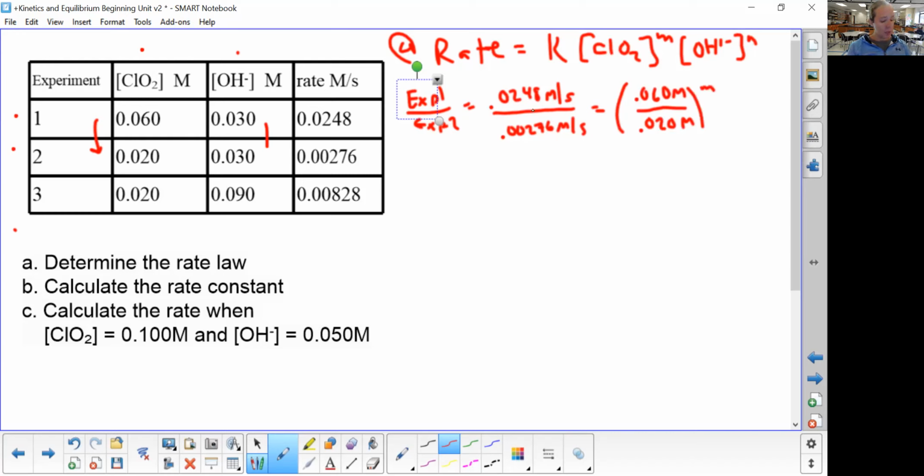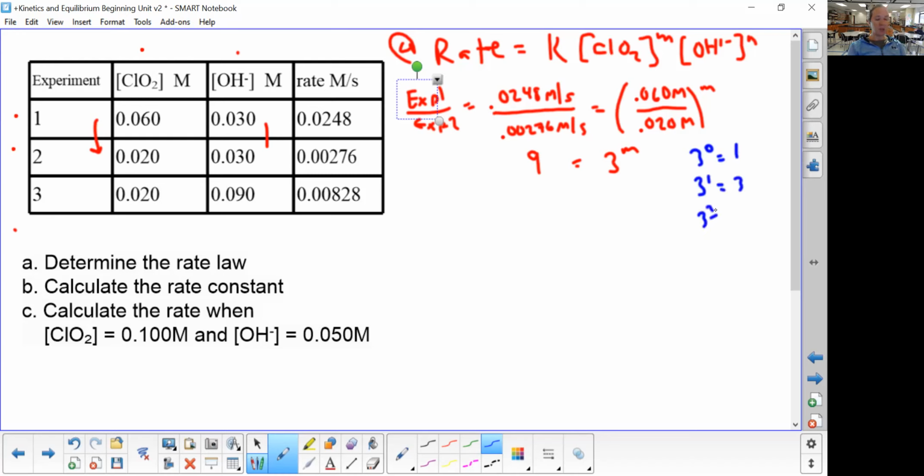When you reduce this, the rates divided give you 9, and the concentrations give you 3 raised to some power m. Sometimes students just want to think about it this way: 3 to the 0 power would be 1, 3 to the first would be 3, and 3 to the second would be 9.